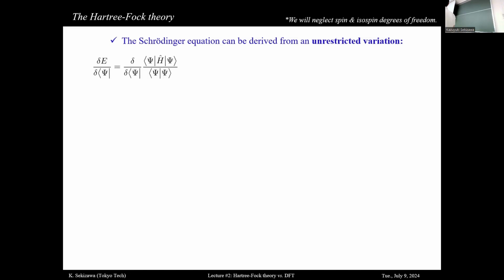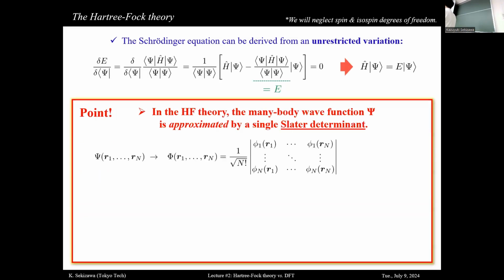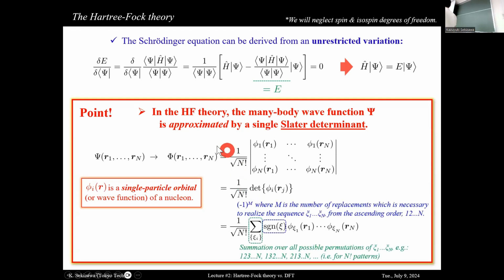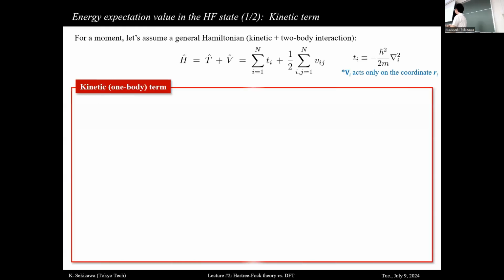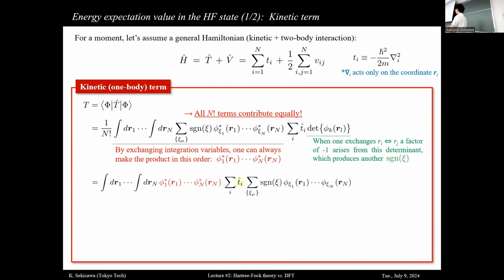Last time I followed the derivation of the Hartree-Fock equations. The point was that Hartree-Fock theory uses the Slater determinant as the trial wave function for the variation. So we derived equations for the expectation value of the energy using the Slater determinant.